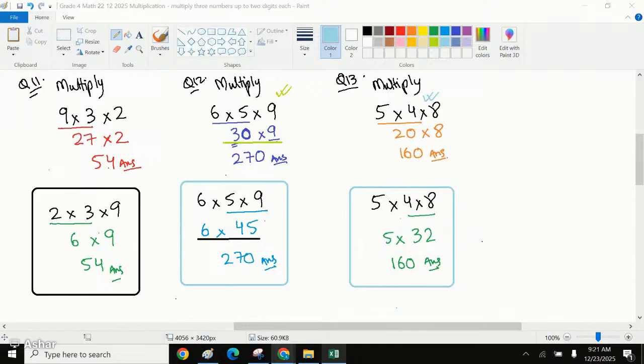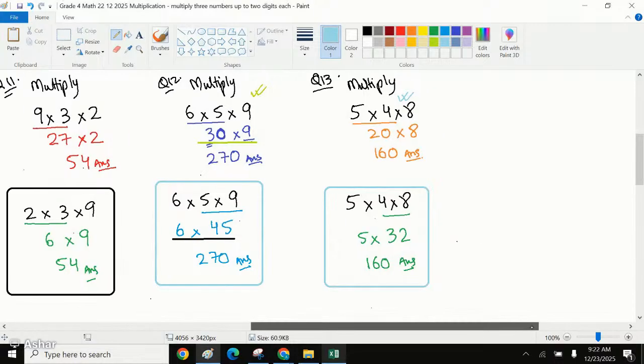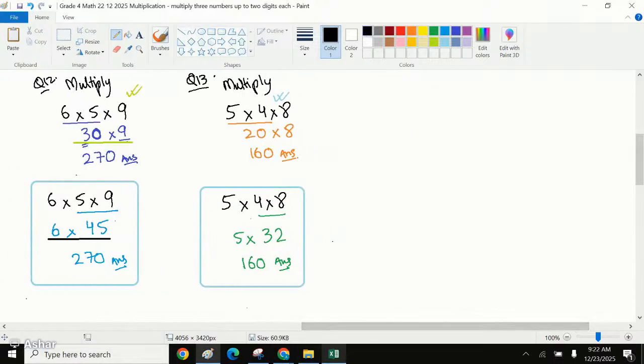Do we agree? Okay. Let's look at the next question. Question number 14 says, multiply 5 multiplied by 6 multiplied by 3.